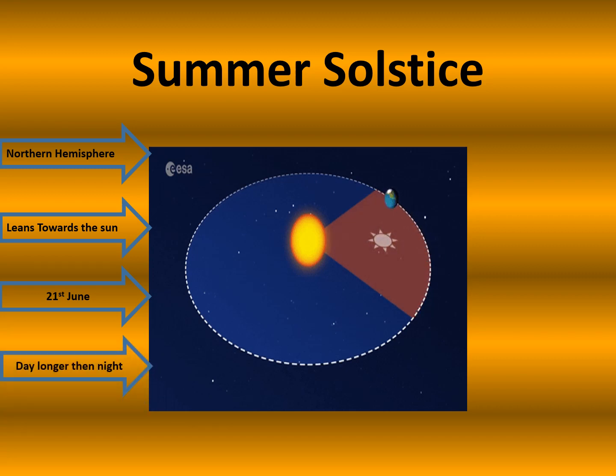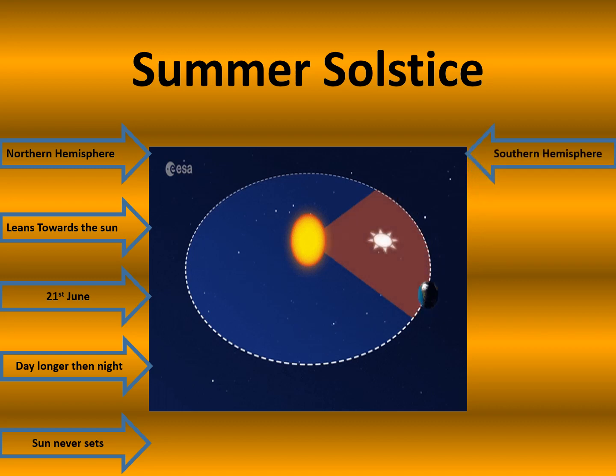The days are longer and nights are short in the northern hemisphere. As we move toward the pole, the days become longer, and on the North Pole, the sun never sets throughout the solstice.